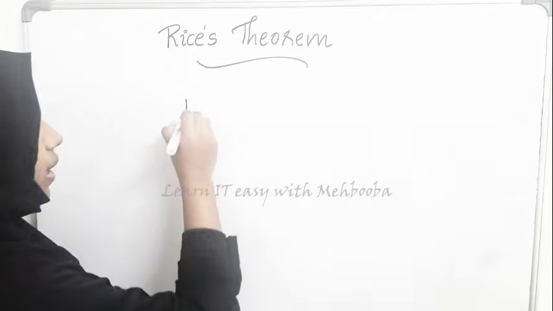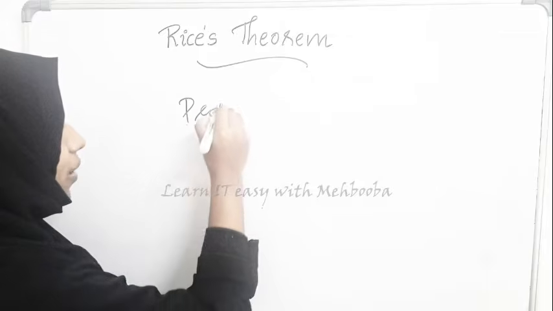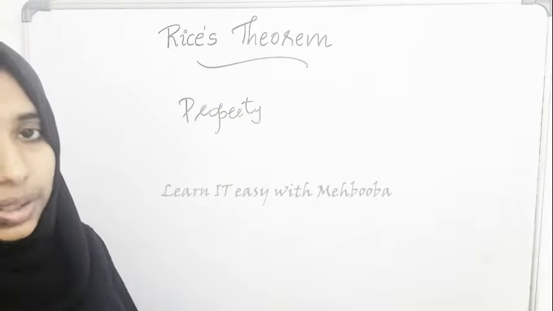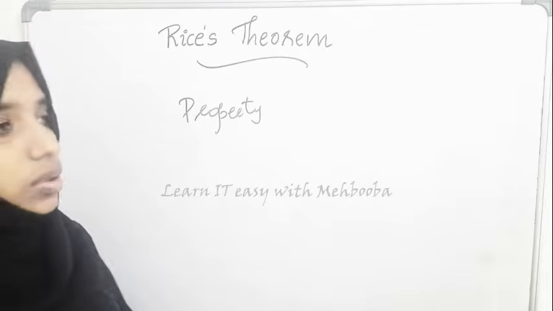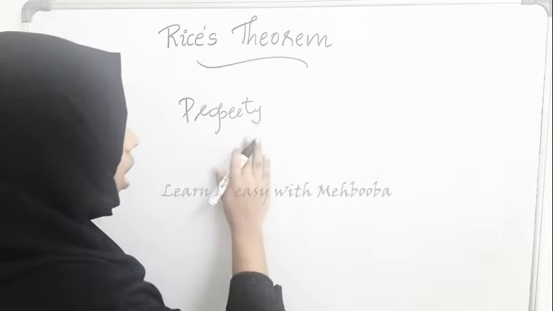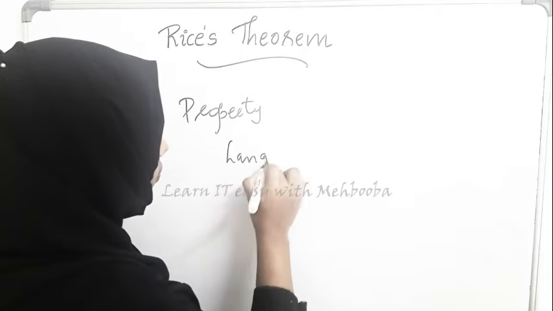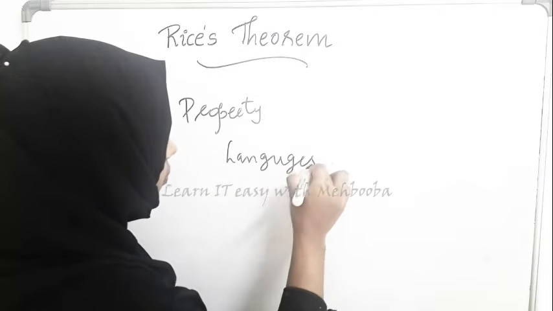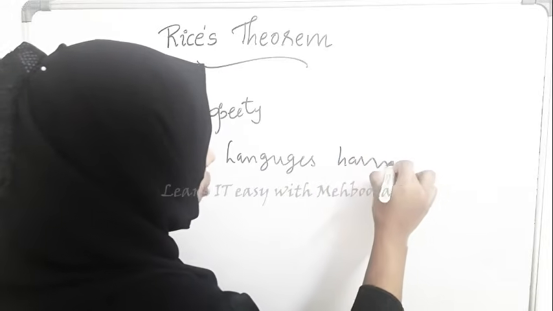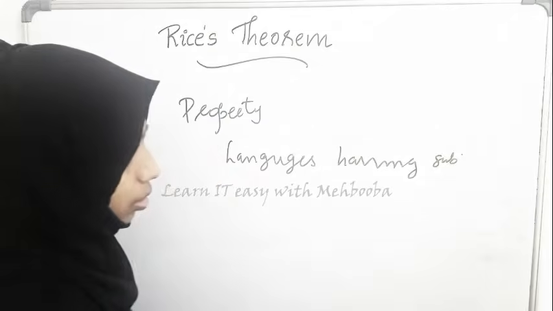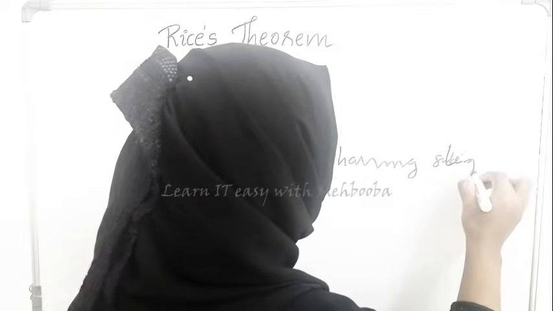See, a property is nothing but a set of languages that a Turing machine satisfies. It's actually a subset of languages. For example, languages having the substring or string 10.